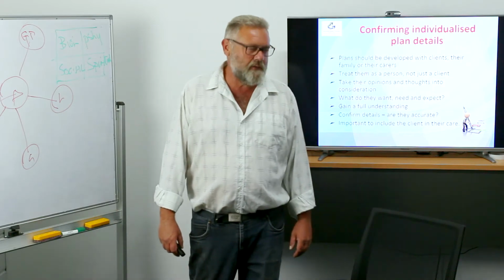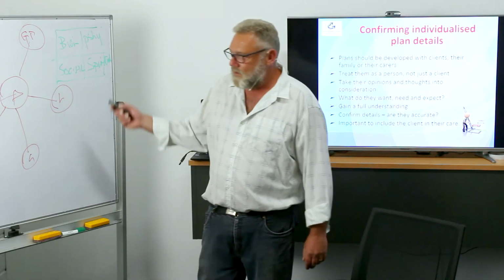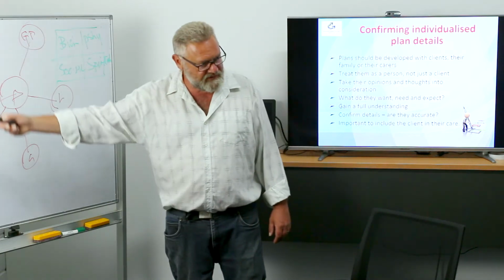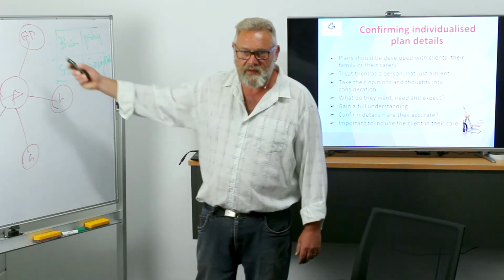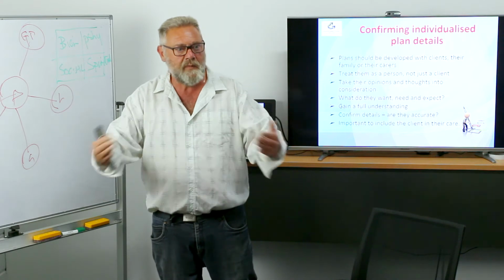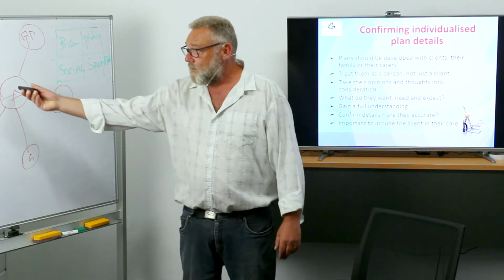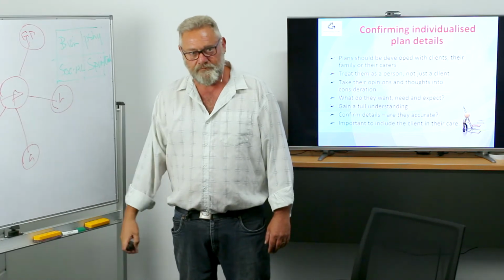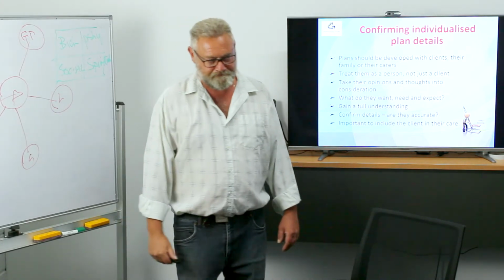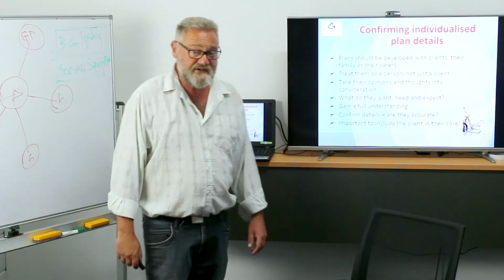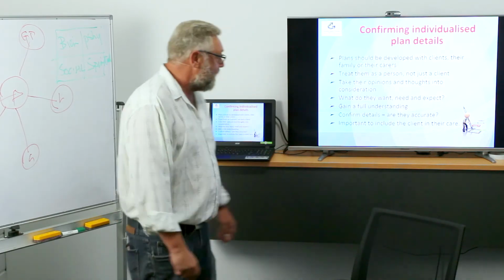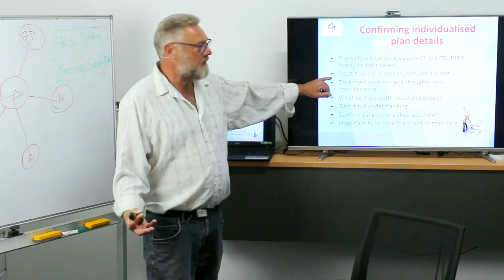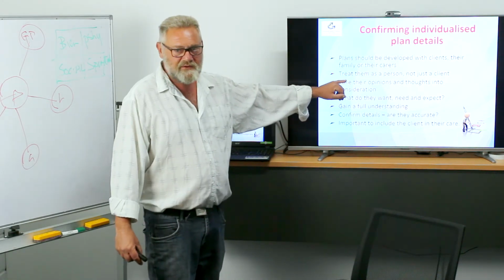That's exactly right. Because a good support worker is connecting with all of these people and helping them all work towards the same purpose. But the client is the person that's driving it. That's how it works, and that is called person-centred practice. So we treat the people we're working with as a person, not just a client.